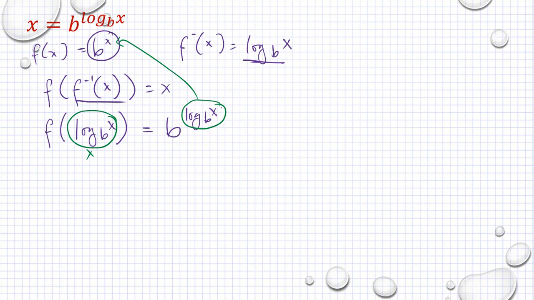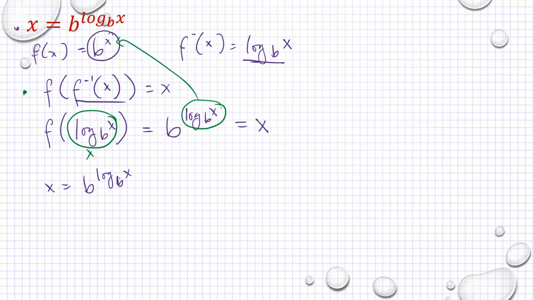So according to the property of composite functions of inverses, this should be equal to x. Therefore, we can say that x is equal to b raised to logarithm of x with the base b.